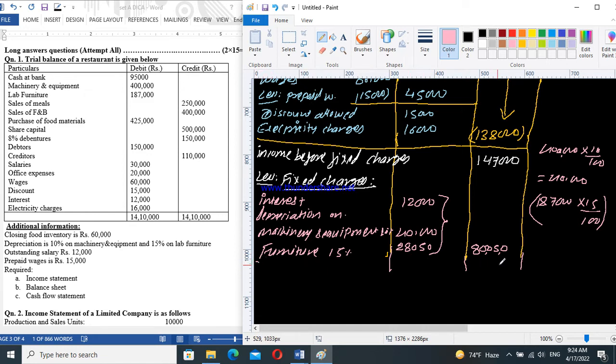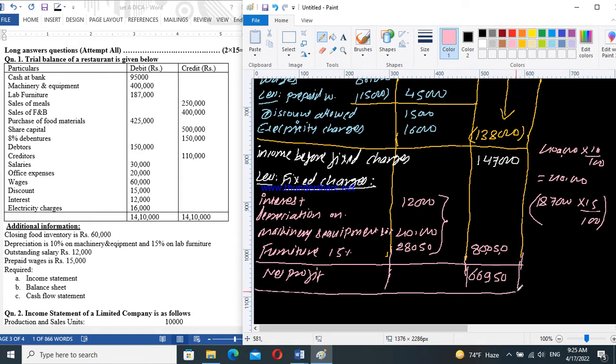And you can find the actual net profit: 1,47,000 minus 80,050 is 66,950. The income statement is completed.